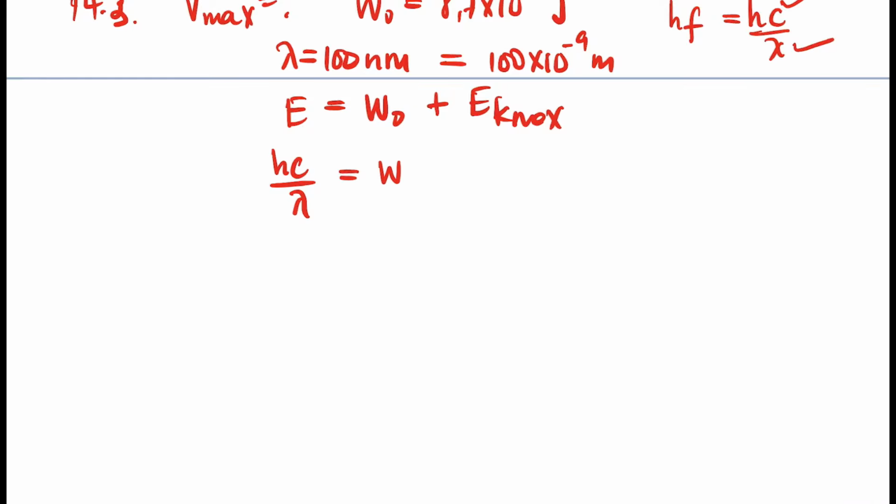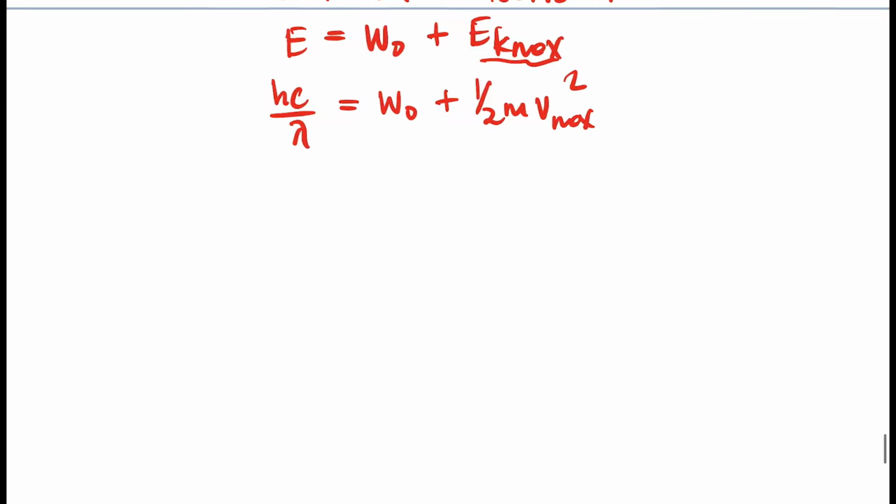The work function is given, so no need to expand, but the kinetic energy we have to expand because we want the velocity: it is half m v max squared. We are looking for v there.